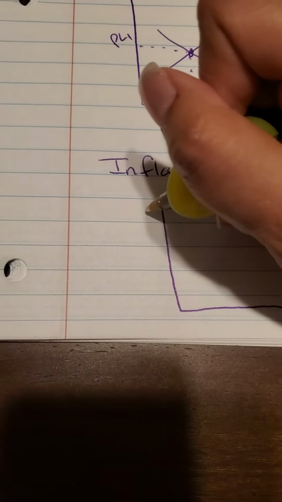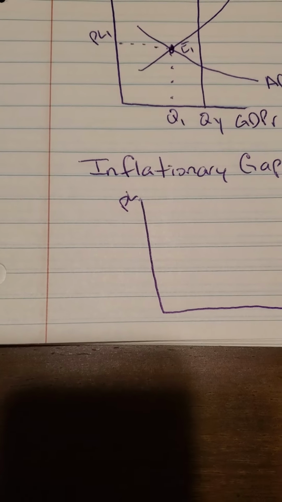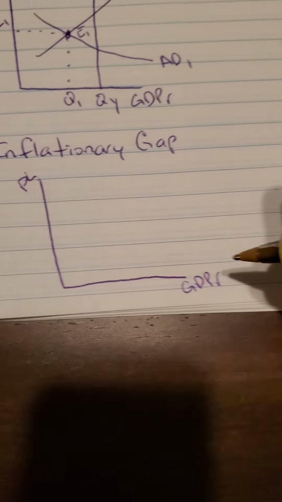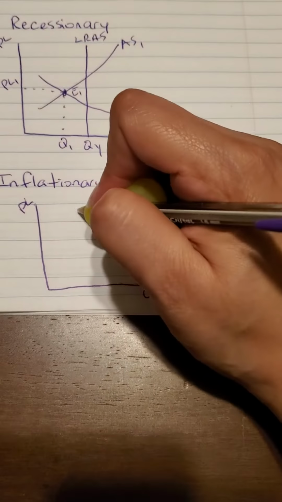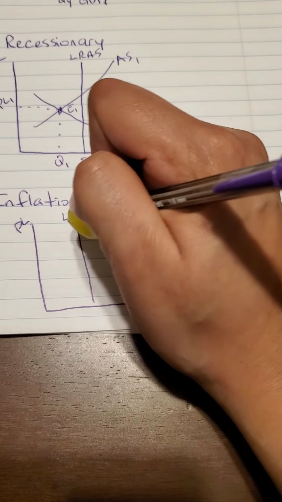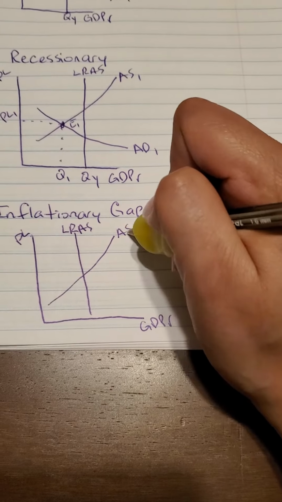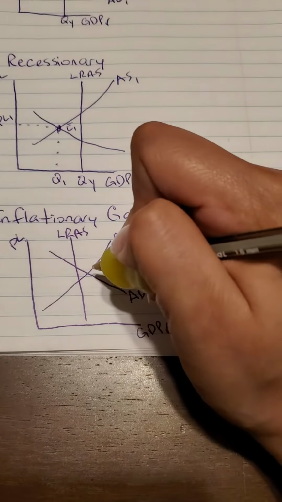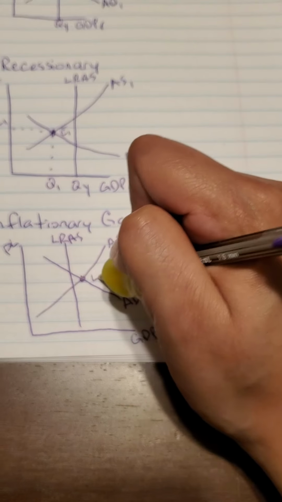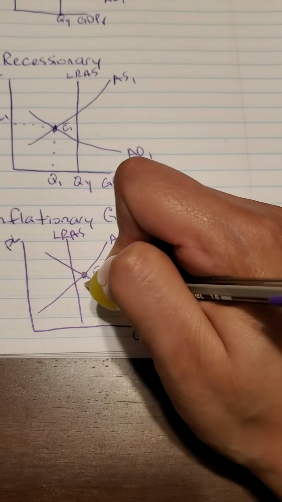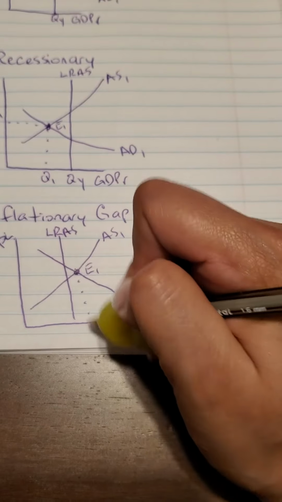For an inflationary gap, price level, real GDP, we have the long run aggregate supply to the sky, 1. Aggregate demand, 1. Our equilibrium will be to the right of the LRAS.